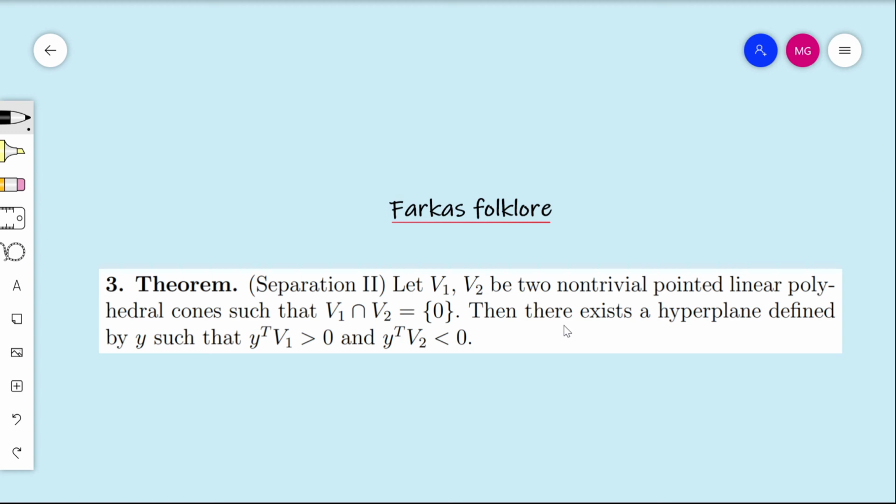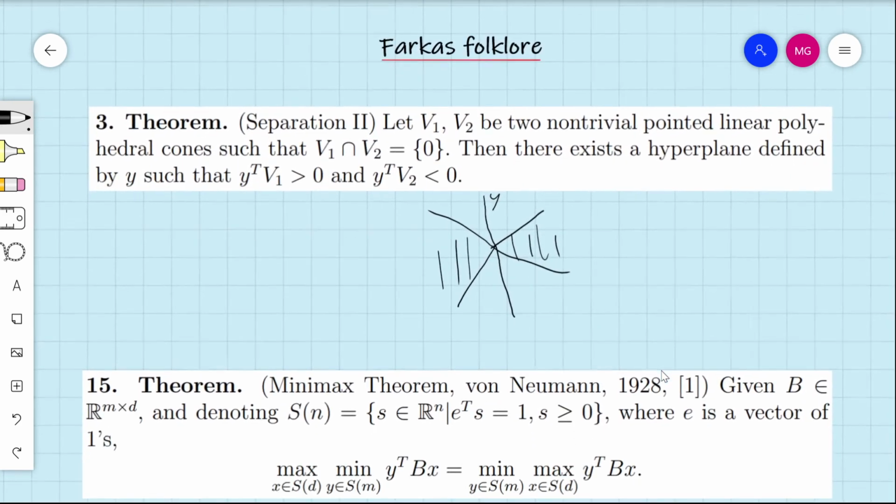So maybe here's cone 1 and here's cone 2, and since they're separate, you can separate them by a hyperplane, which would be defined by the vector y. Obvious in 2 dimensions, but not quite as much in high dimensions. Anyways, this is equivalent to strong duality. So we can take a look at another example.